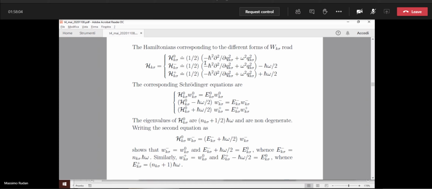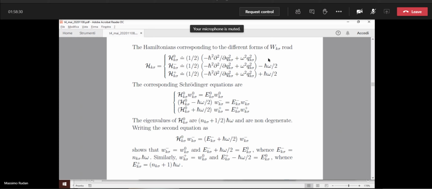The first line we call Hamiltonian with a zero. And of course, it is the standard Hamiltonian of the linear harmonic oscillator, in which instead of using the symbol psi for the position, we use the symbol Q.